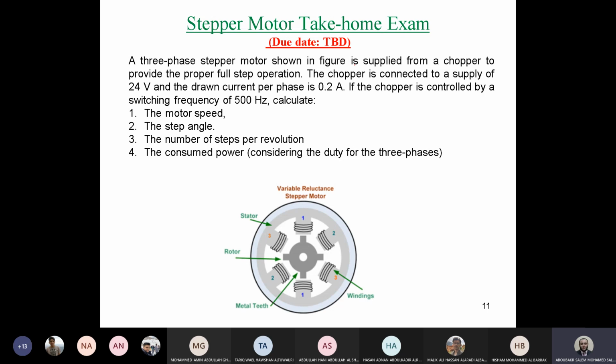A 3-phase stepper motor is shown in the figure. So this is the 3-phase stepper motor you have. As you can see, it's variable reluctance. It's supplied from a chopper to provide the proper full step operation. We discussed, guys, in the last class the circuit used for the variable reluctance motor.